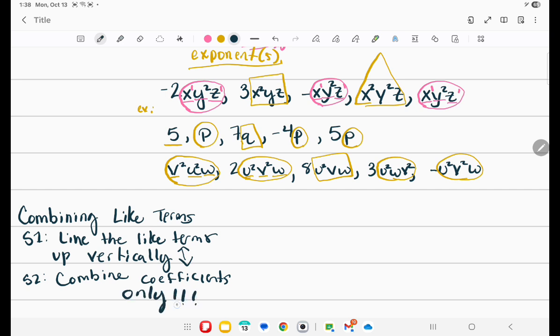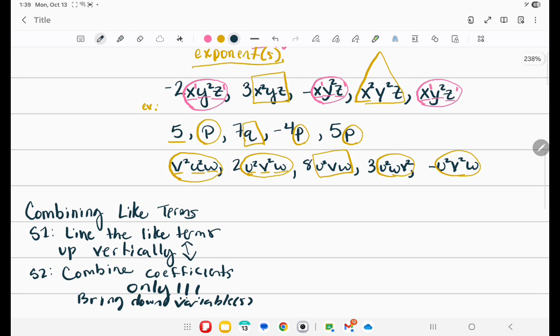Combine the coefficients only. And I put this part, bring down variable. Bring down any variables you got. That's it. All right. I'm going to put a problem up and I'm going to show you how it works.